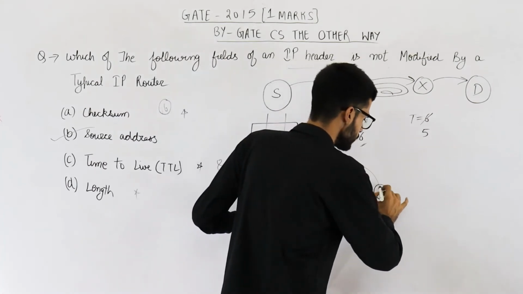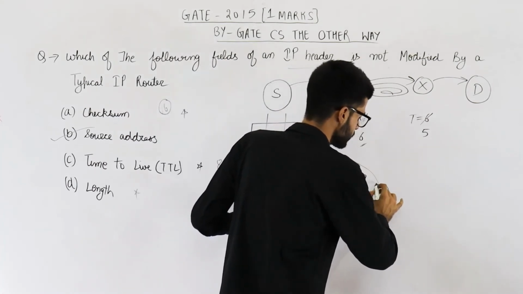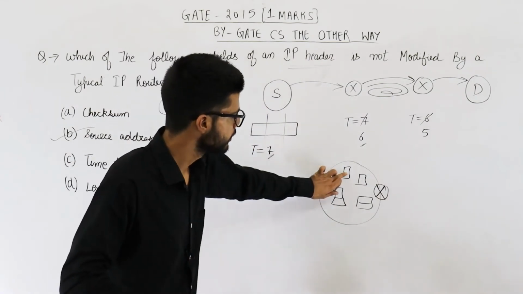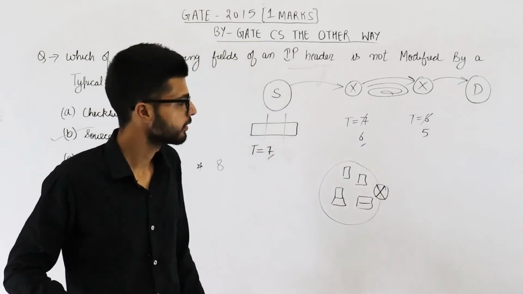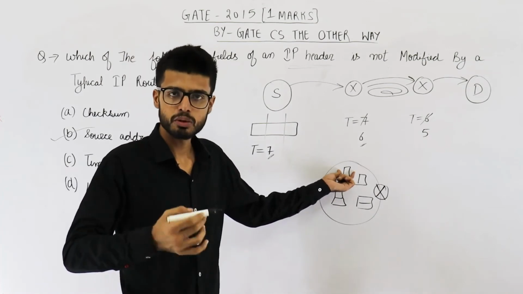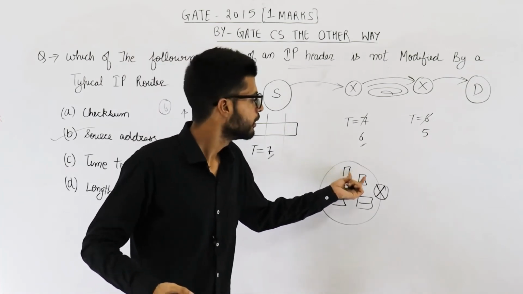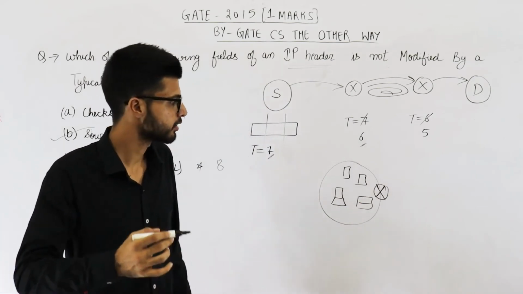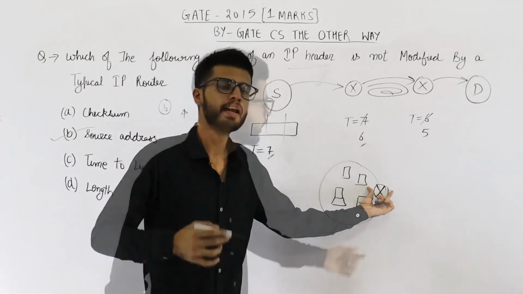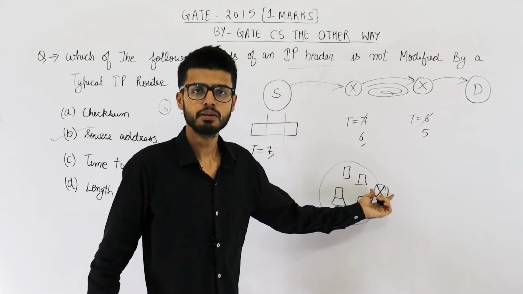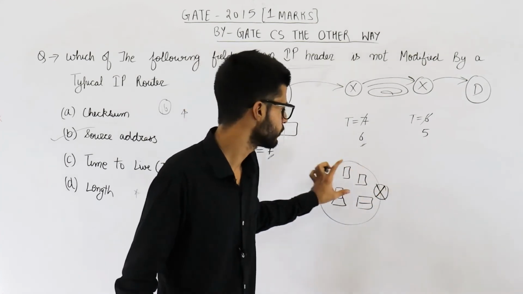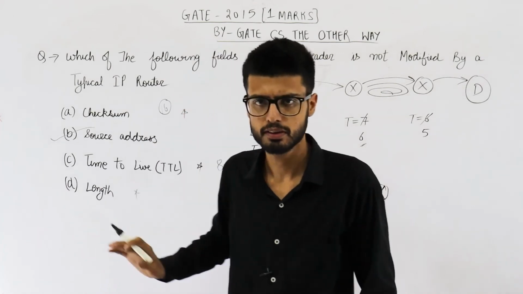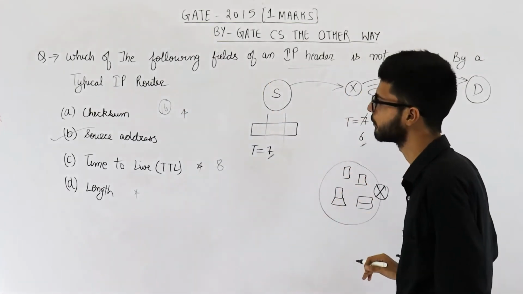In this case, your router is going to modify the source address. Suppose this mobile sends some data packet. It will write its own private IP in source IP. But this router will modify the source address mentioned on the packet, and router will update it to the public IP address. I hope you know all of this stuff. It's network address translation. I've created a video on this topic also. You can watch that.